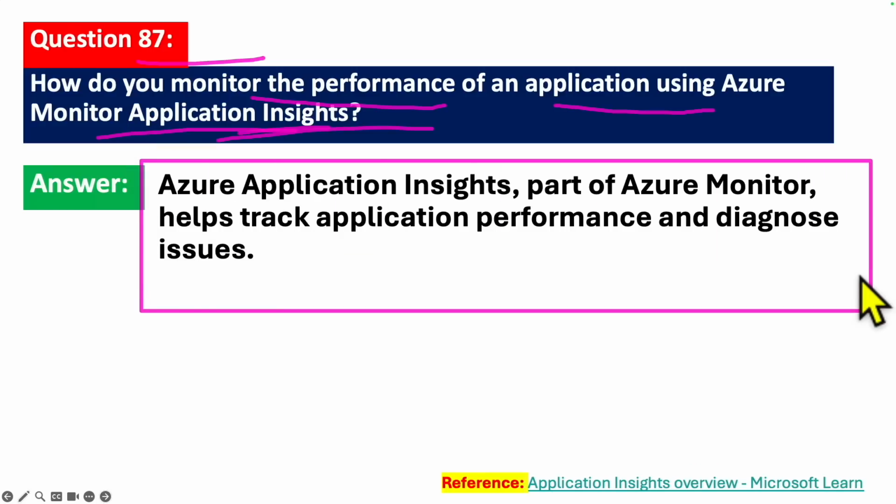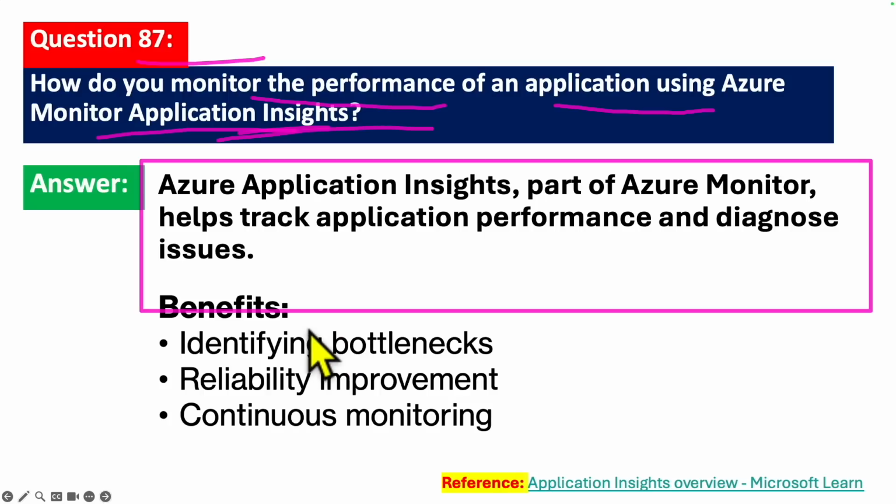Azure Application Insights is part of Azure Monitor, an extensive application performance management service that enables developers and IT professionals to monitor live applications. It can help you track application performance, diagnose issues, and detect anomalies before they impact the end user.